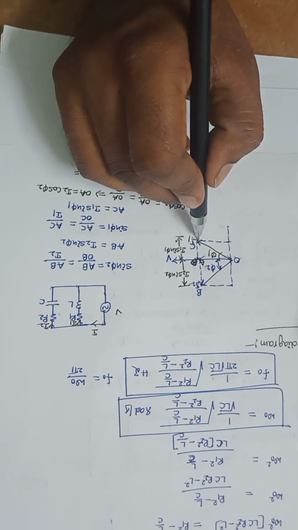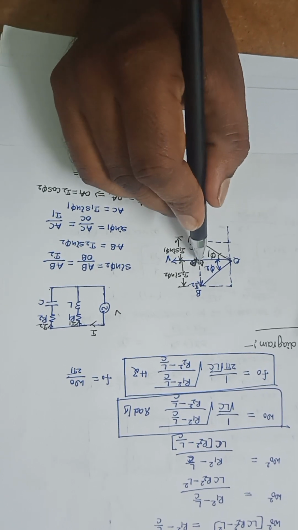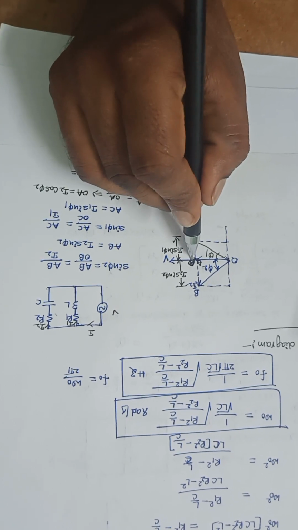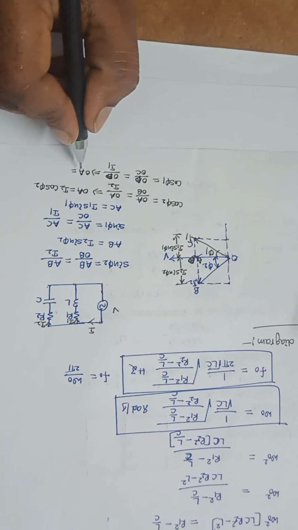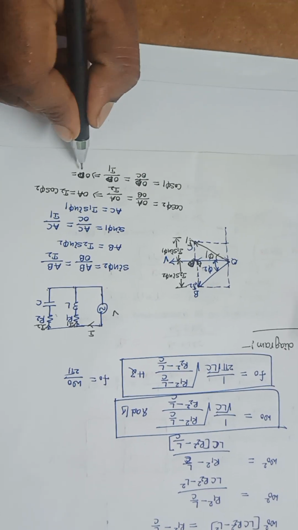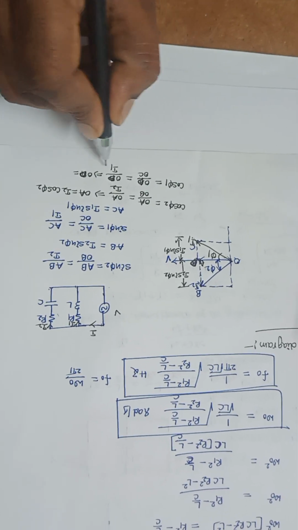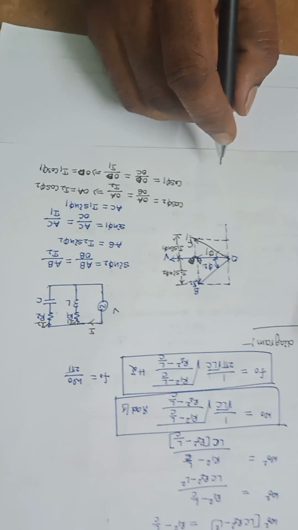This is having one magnitude, this is having another magnitude. If I project this, it is A. If I project this, it is D. It is OD. OD is equal to I1 cos phi 1.